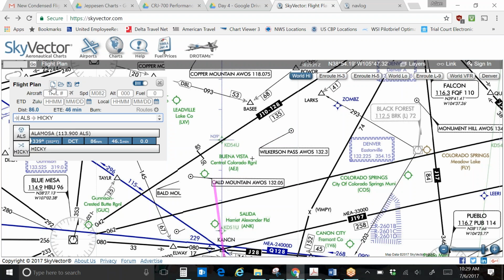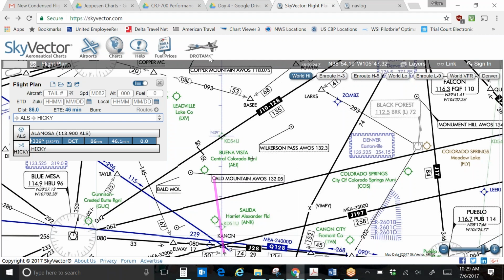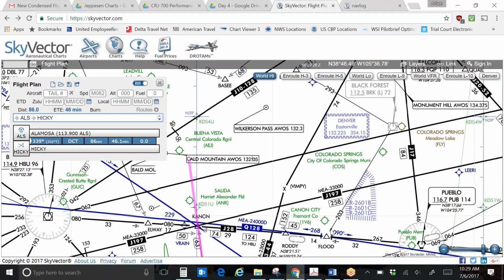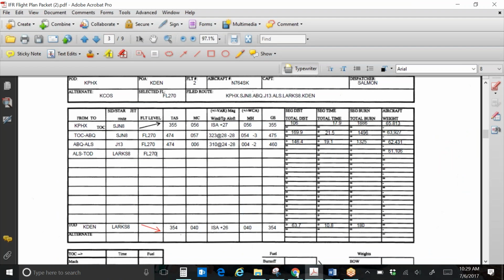So they're pretty even if you look at it that way. Oh, sorry, it's 86. I'm looking at the wrong thing. 86 miles from Alamosa to Hickey, and then 36 from Hickey to Murphy. So yeah, we'll just go with an average heading of 350 on that.